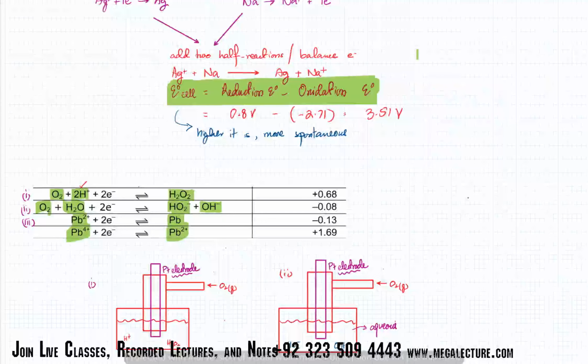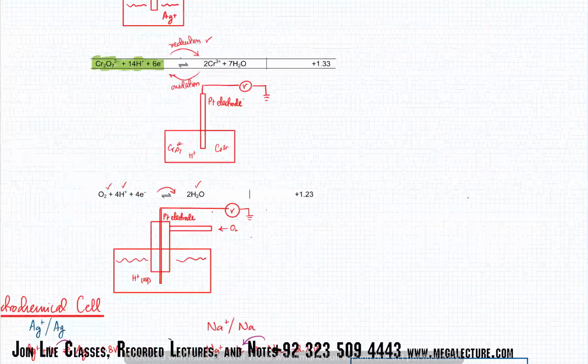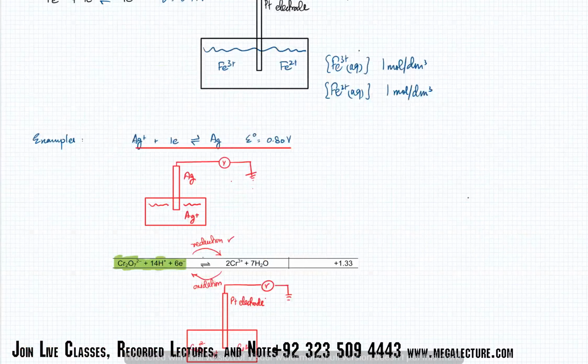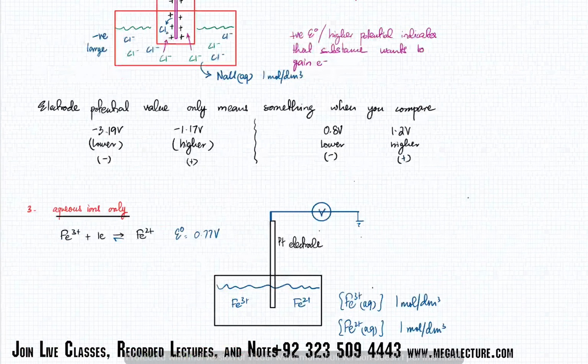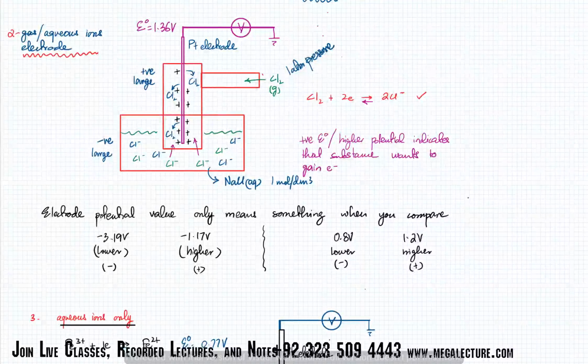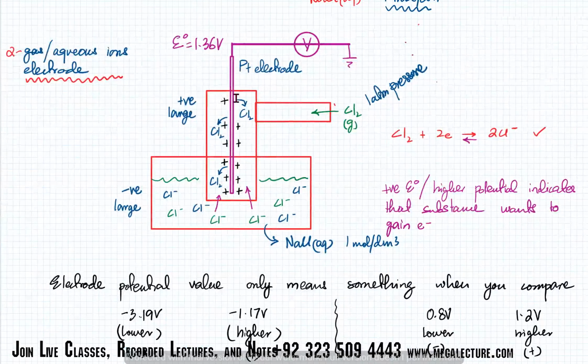Now yesterday, just a quick recap: I explained to you that if a substance likes to gain electrons, the electrode will become positively charged or will have a higher potential. But don't look at the positive or negative values. Instead, just look at the higher or lower potential. Ignore the signs. The values themselves don't really mean anything.